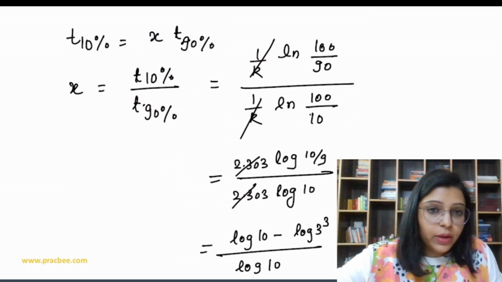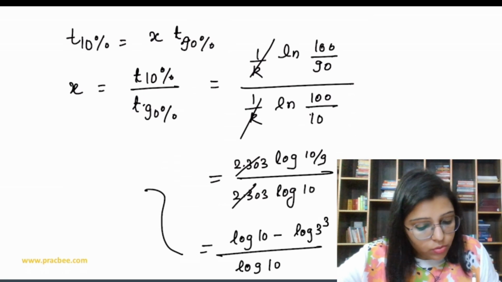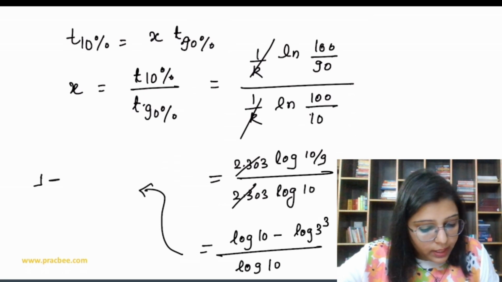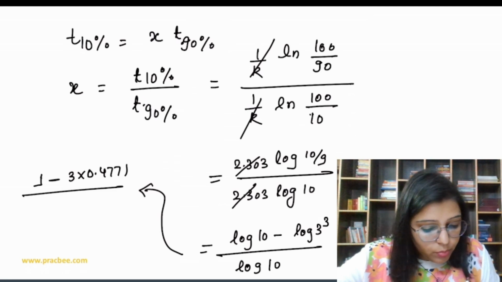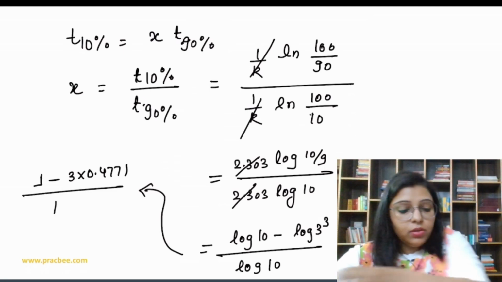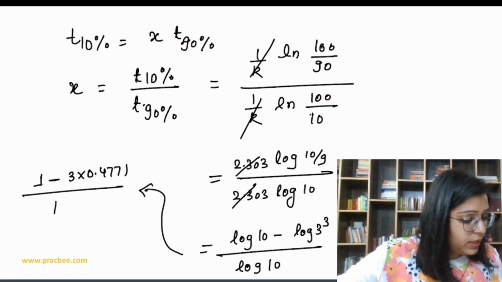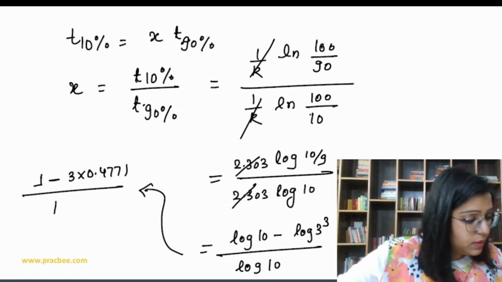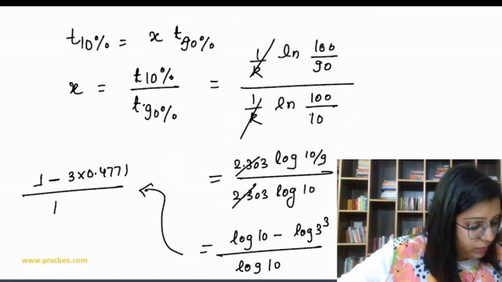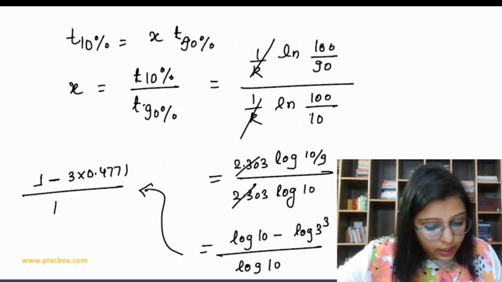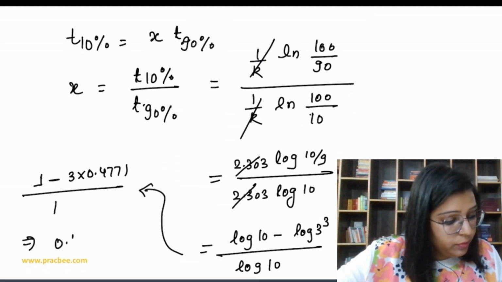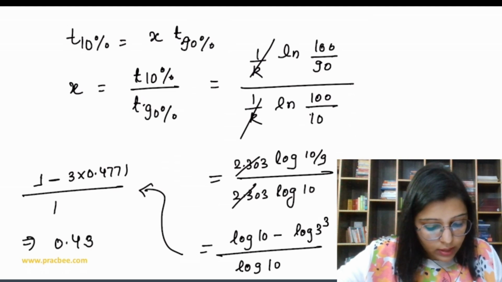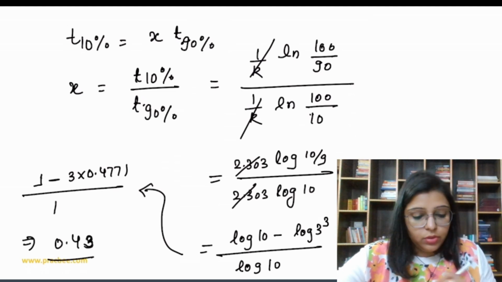Log 10 is 1, so let's solve this. So 1 minus 3 into 0.4771 upon 1. So 3 into 0.4771 and 1 minus that answer, we get 0.43. The answer is 0.43.